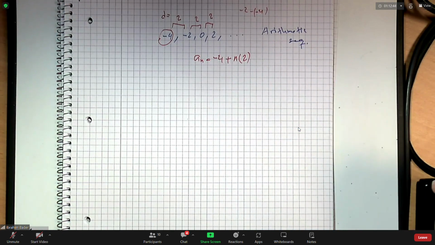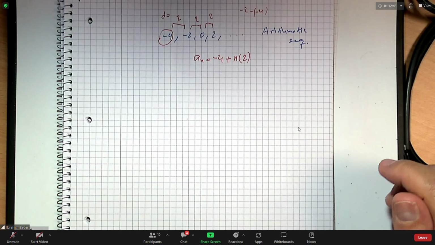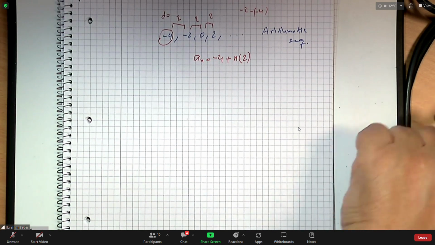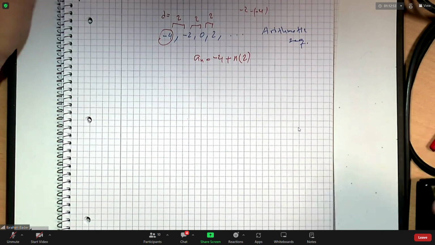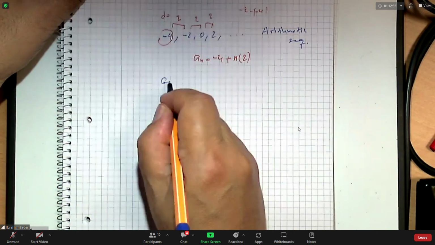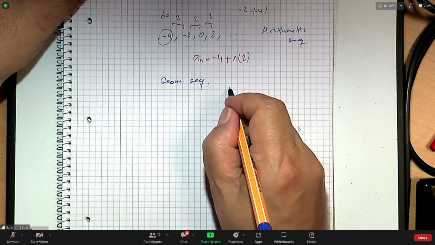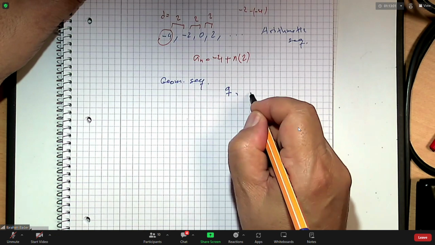So for an arithmetic sequence, you need to find D, which is the constant between two successive terms, and the first element. Now for the geometric sequence, we need Q and the first element, right?